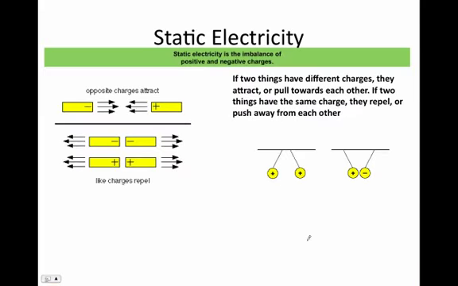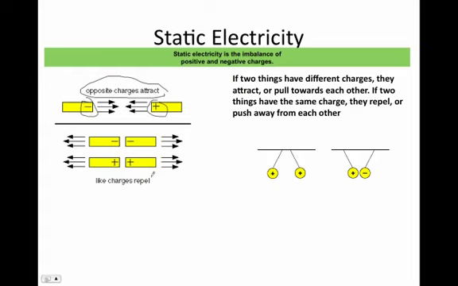So this brings us to why some substances, when this happens, with an imbalance of charges, might attract to each other or repel. So if two things have different charges, they usually attract. So different charges, that means opposites attract. So something, kind of like magnets, something that's overall negative will attract to something that's overall positive.